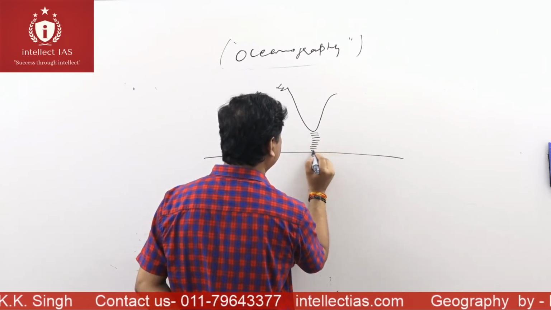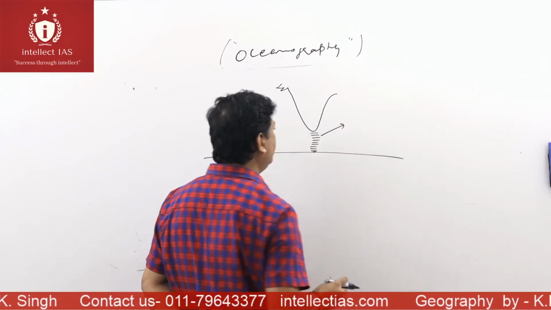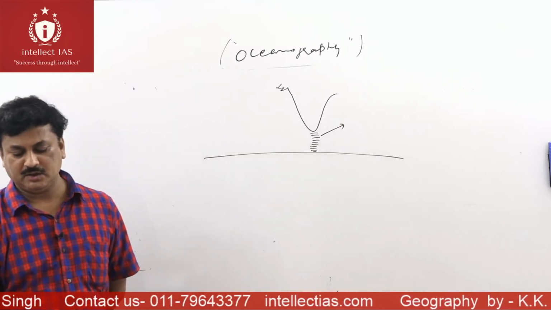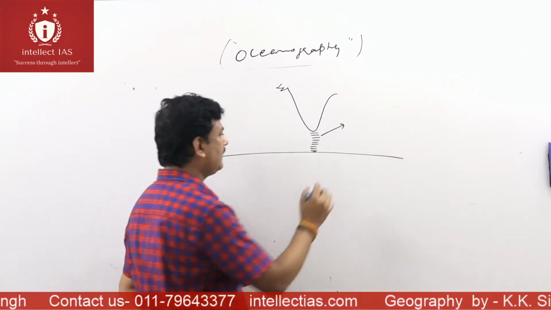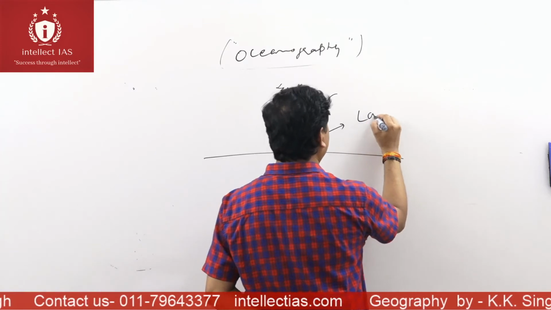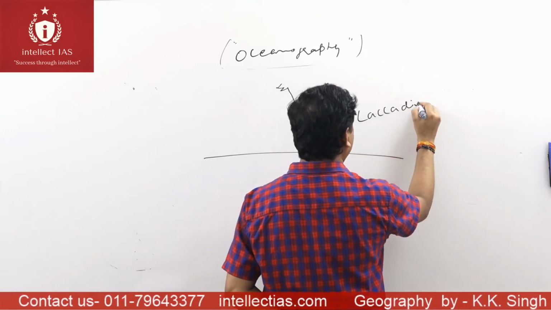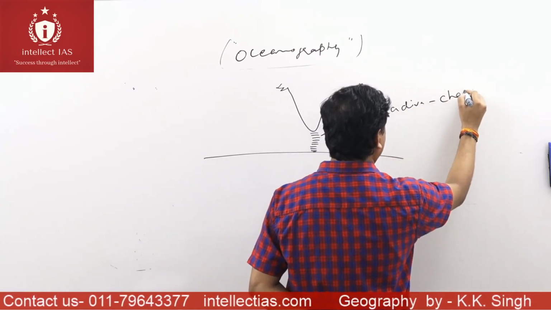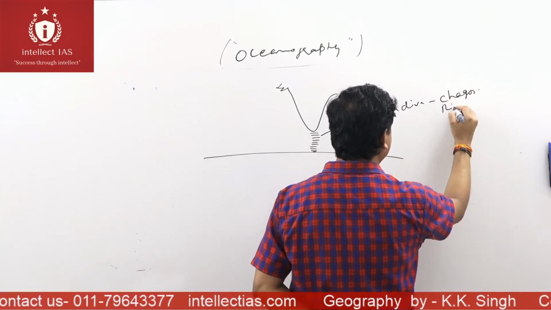Start from here. Number 1 is the Lakshadweep-Chagos Ridge.